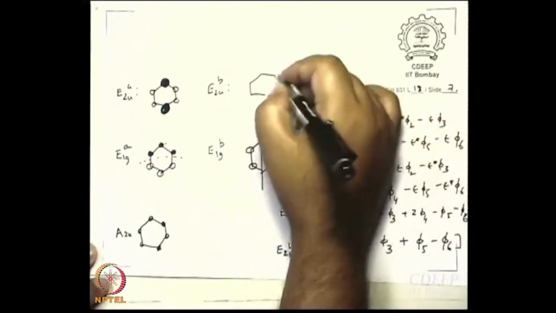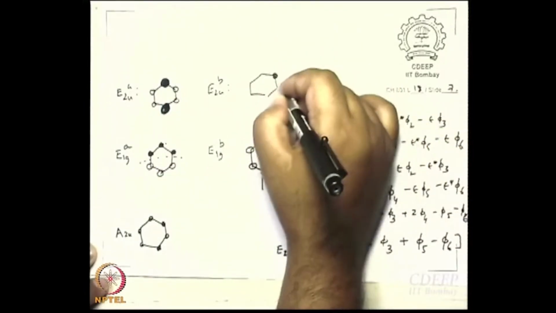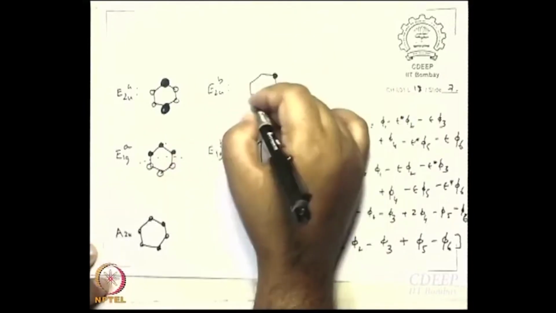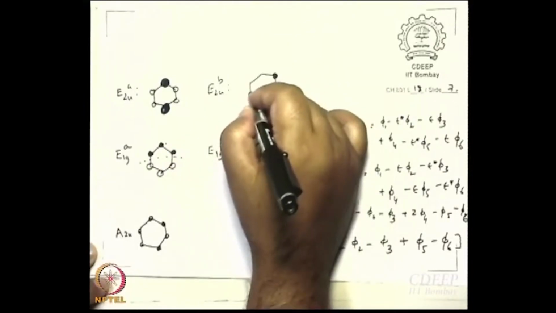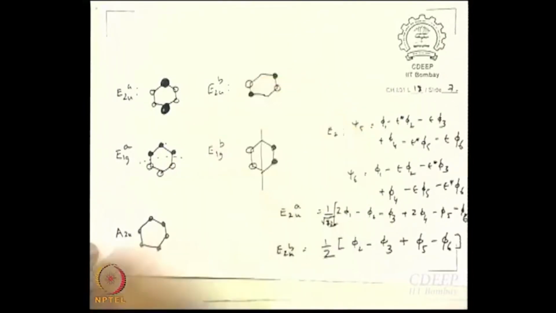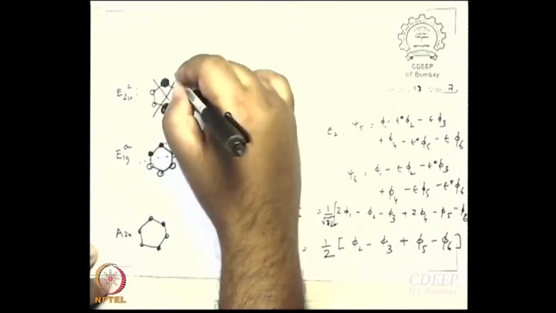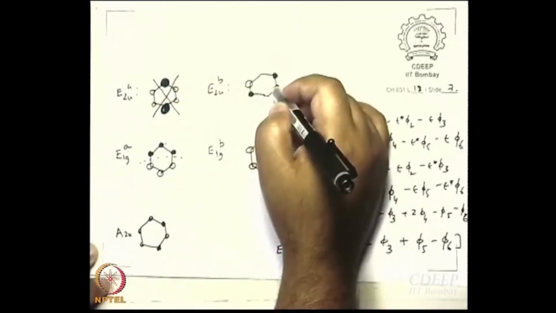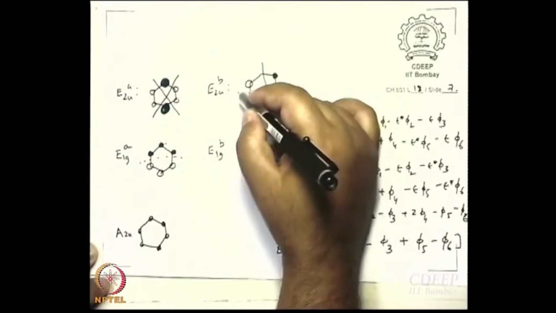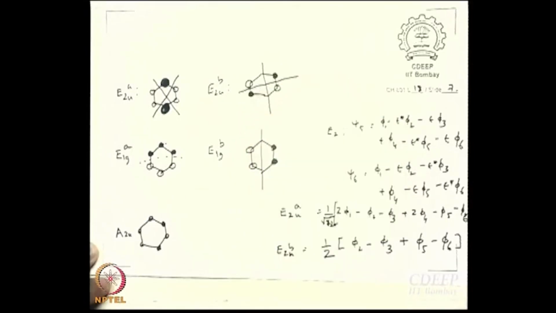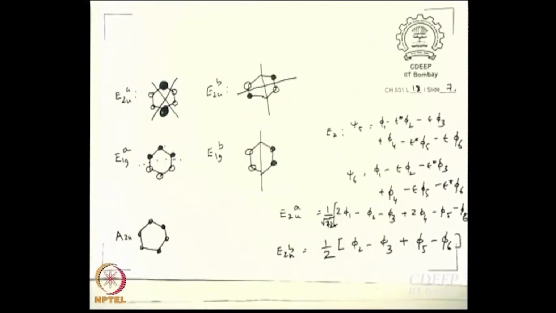Phi 2 minus phi 3 plus phi 5 minus phi 6. Do you see the nodes? This is a node, this is a node, and here this is a node, this is a node. Okay?